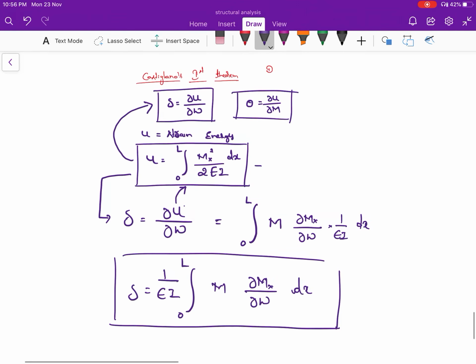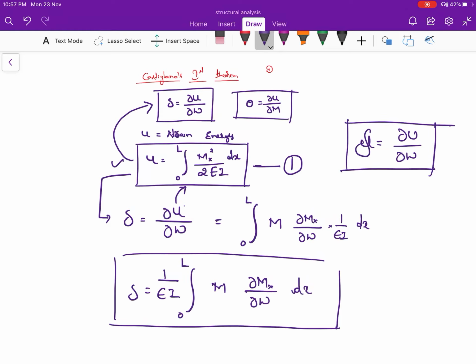We can make use of two approaches. Listen carefully. One approach is first finding the value of U. After finding the value of U, it is differentiated with respect to dou W, and you are going to get the value of deflection. Or, if you want the answer directly, we can make use of this formula.